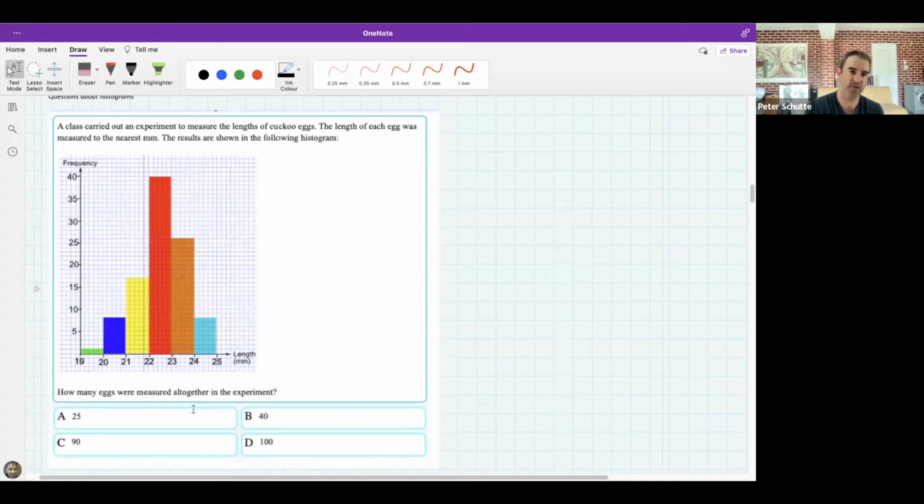So I'm giving you a histogram and you are interpreting this histogram. How would we know how many eggs were measured altogether? I suppose I could say, well, there's one here, about 8, about 17, about 40, about 25, about 7.